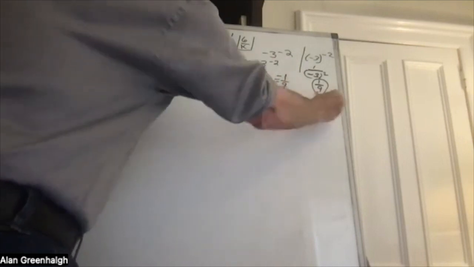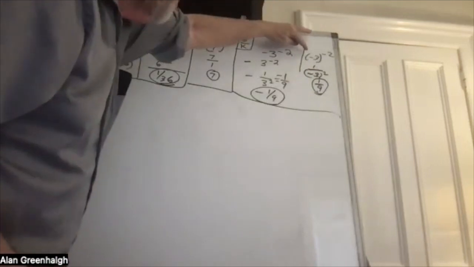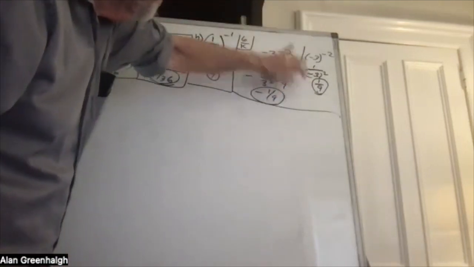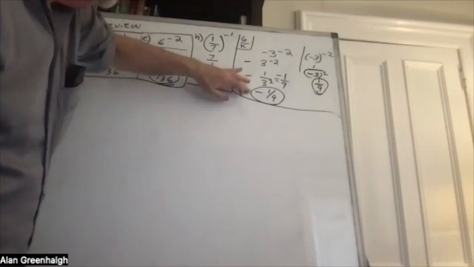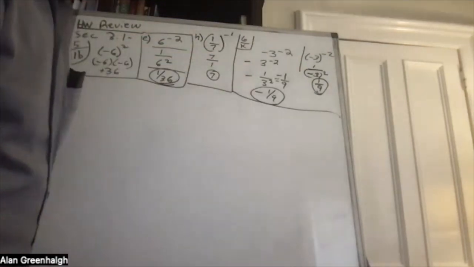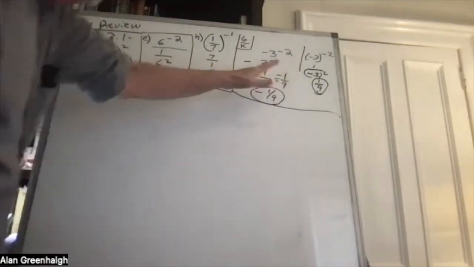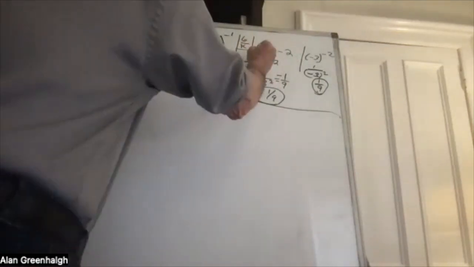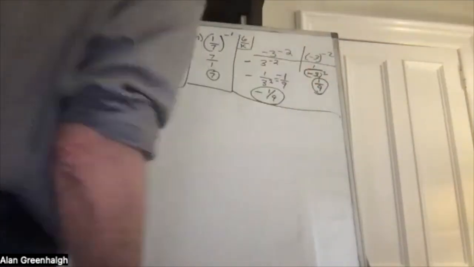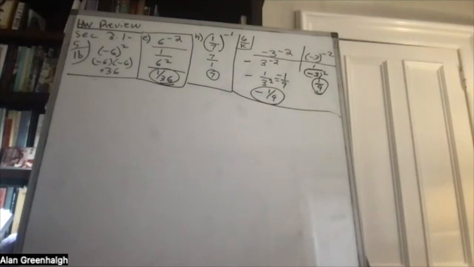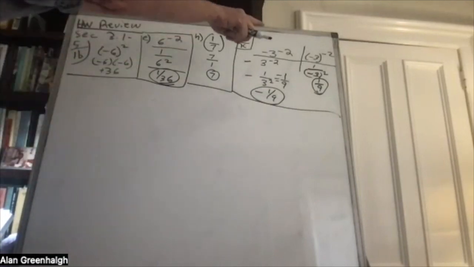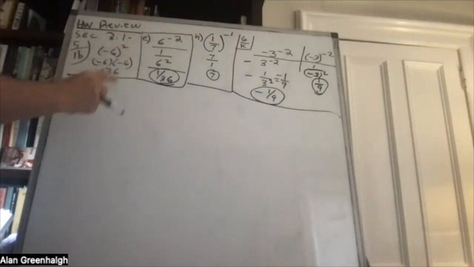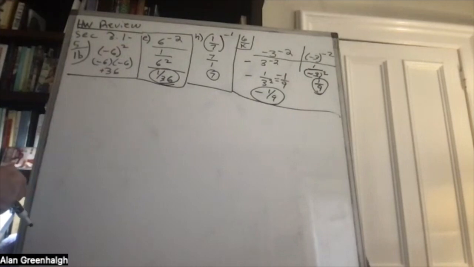That's the difference. This problem is +1/9. This problem is -1/9. Do you see the difference? Is there anybody who's unsure about what I'm talking about here? Okay, now that wasn't a problem. I just wanted to show you the difference. I think we did that in class yesterday.